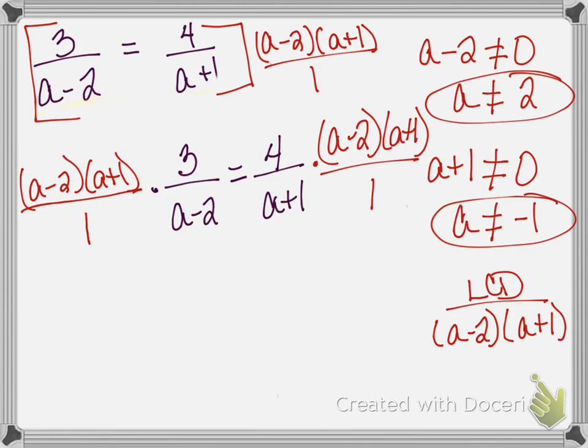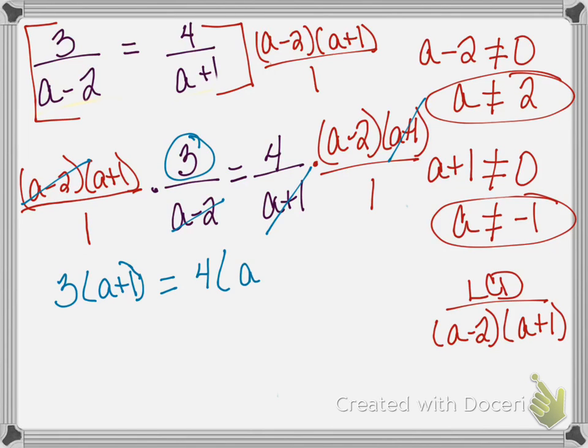Okay? If it's in the top and it's in the bottom, I can cancel it. So I have A minus 2 times A minus 2. So I'm left with 3 times A plus 1. What am I going to have to do there? Good. Then I have A plus 1 and A plus 1 cancels. So I am left with 4 times A minus 2.